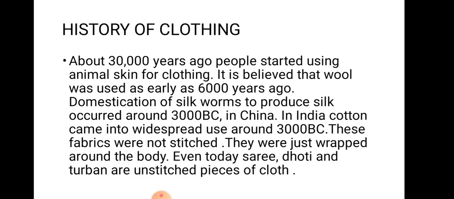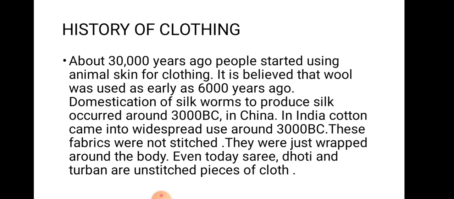Let's have a history, means history of clothing. How in earlier, ancient time, people were using cloths. Have you noticed the last pictures in SST? If you have noticed, people used to cover their body with animal skin. That is the history of clothing, how they got it.